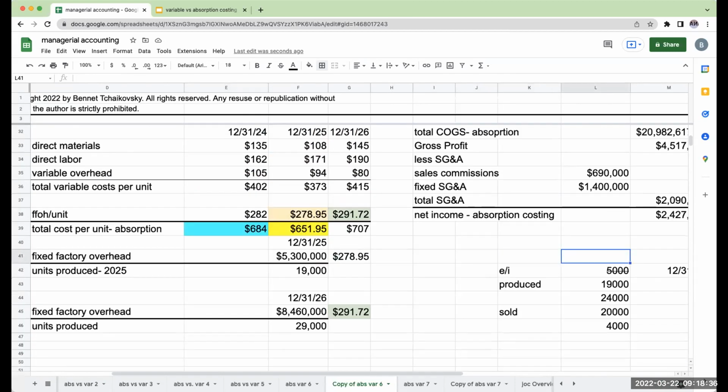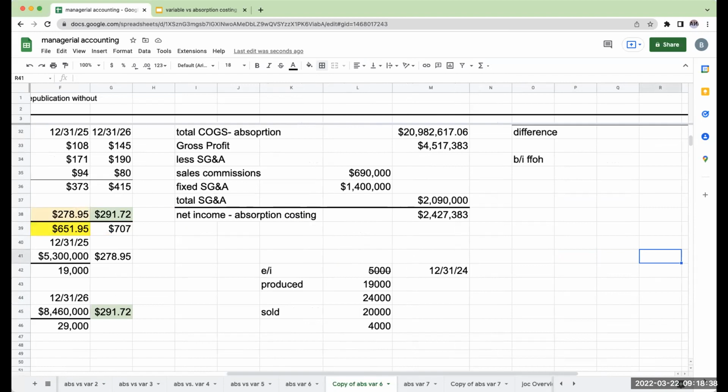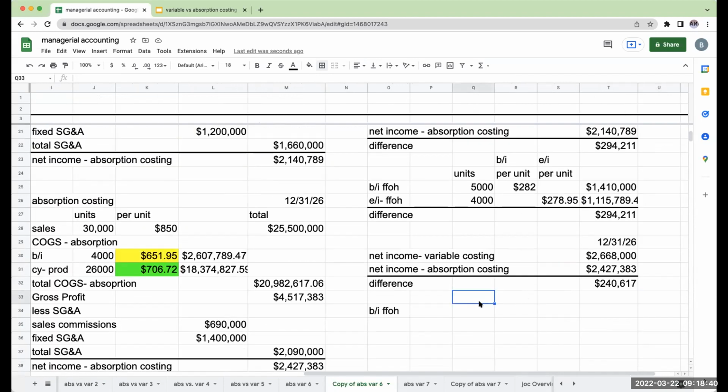So over here, my units and my beginning inventory per unit.